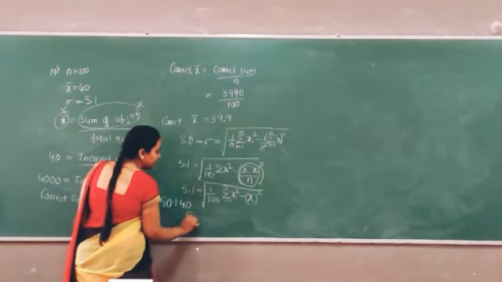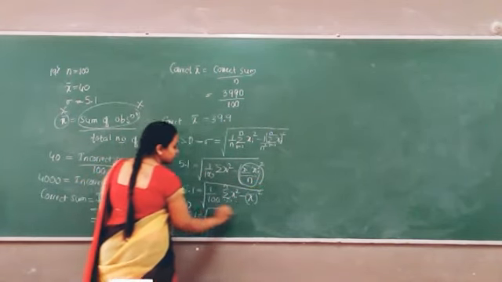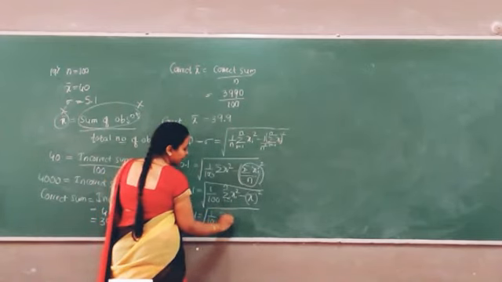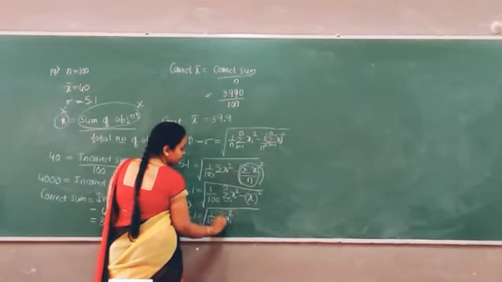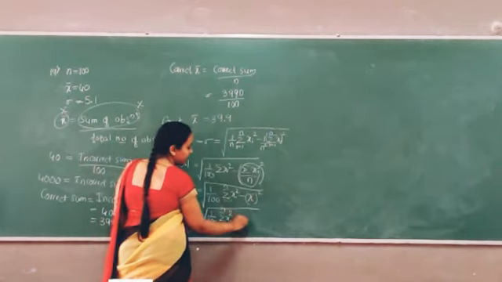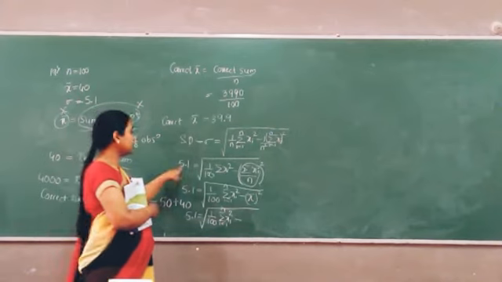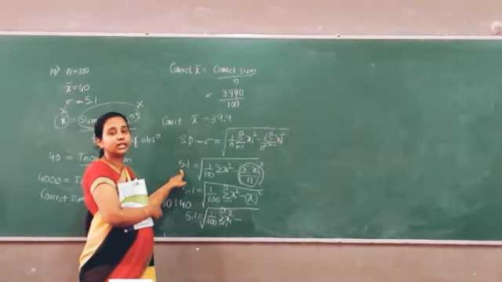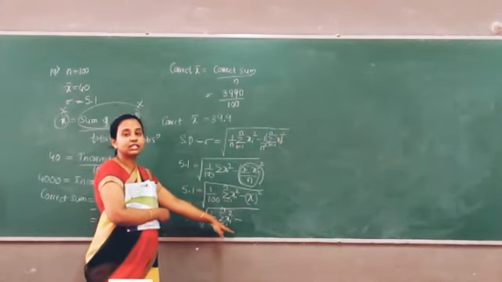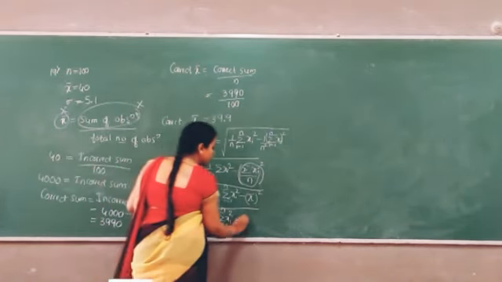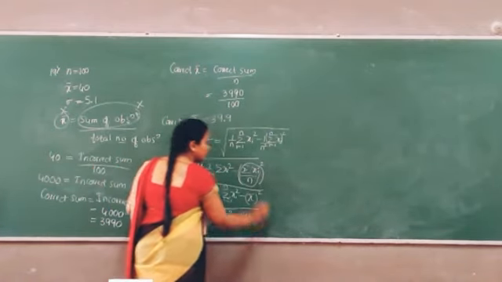What is the mean? Only the wrong mean you have to consider here, in the standard deviation also. Here also we have to consider that incorrect mean only. What is the incorrect mean? It is 40 whole square.